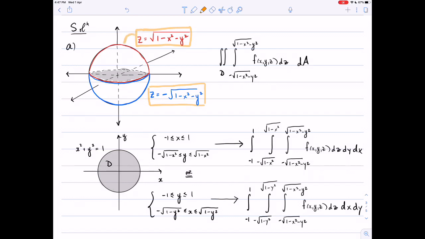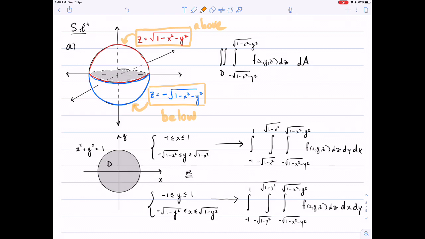Type 1 is bounded above and below. So the above boundary is the red half sphere, and the blue half sphere is the boundary below.